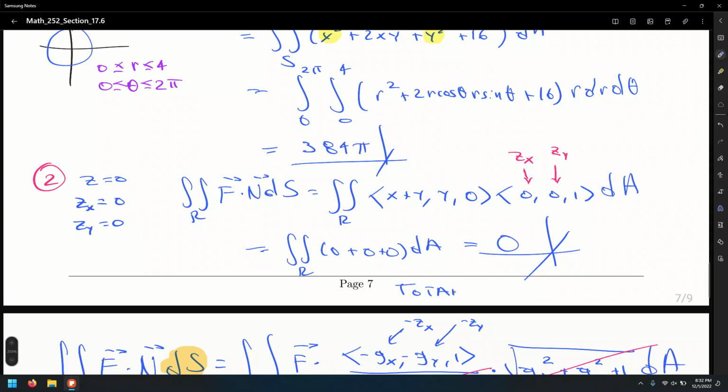Total flux, this will be 384 pi plus 0. Well, that's just 384 pi. So it could have been the case that in the surface below there would have been some flux in this case, all right? But not for this particular vector field that we were working with. Maybe for a different vector field there would be. All right? So this finishes this section.